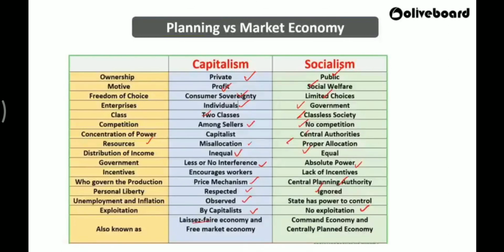These are economists who described this economy, so that's why it is also named after them. Laissez-faire economy or free market economy. Other names of socialism are command economy or centrally planned economy. I repeat, command economy or centrally planned economy. For capitalism, it is laissez-faire or free market economy.